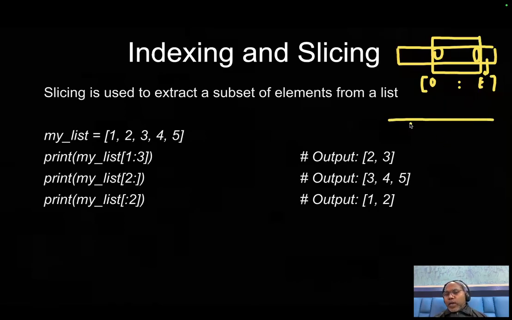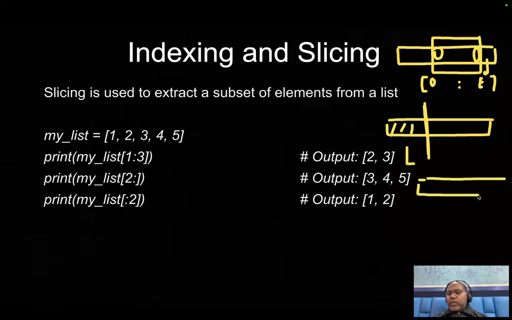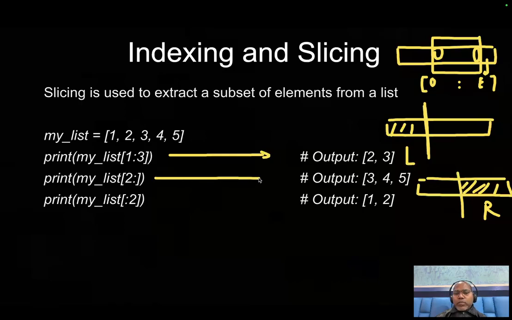Another way, if we have a list, I want to slice on the basis of one point. This is the one pointer. I want maybe the complete left hand side, or I want to access just this one. Or another way, we have a list, I want to slice it, but I want to access the right part only. So these are the three permutation combinations. One is this way, another is this way.